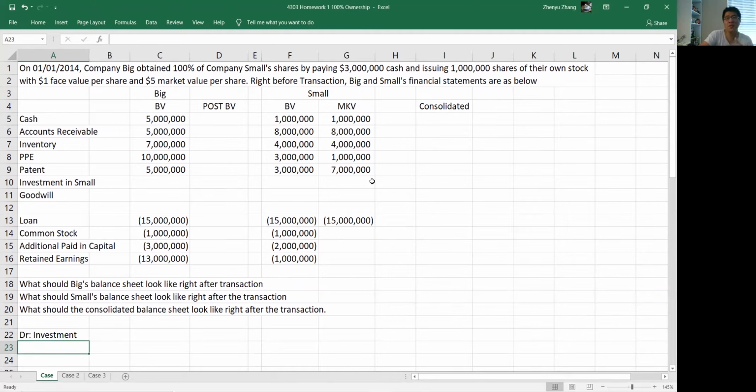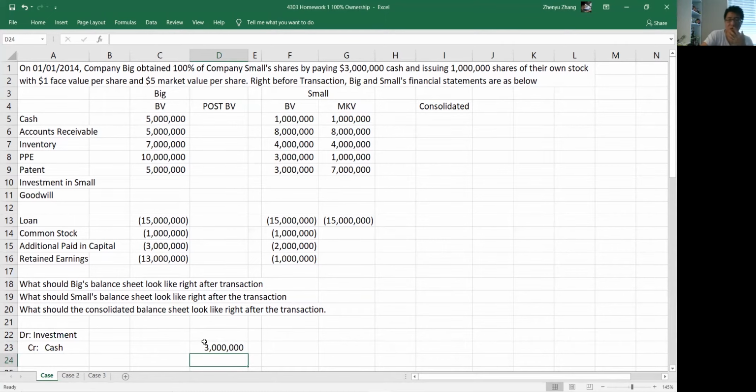By paying 3 million cash. So for Big, what happened to the cash? By using the cash in exchange for the investment, at least now we know the cash exchange was 3 million. Anything else?